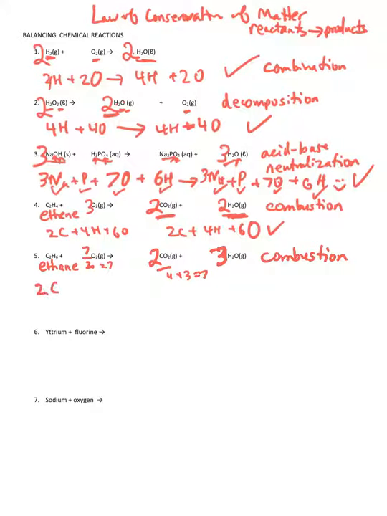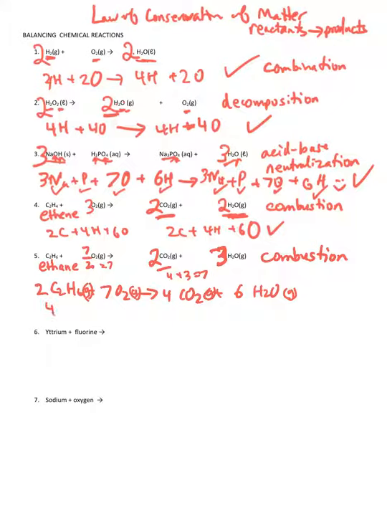So 2 C2H6 plus 7 O2 reacts to make 4 CO2 plus 6 H2O. And that guy should be balanced.